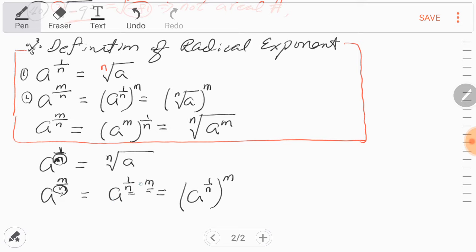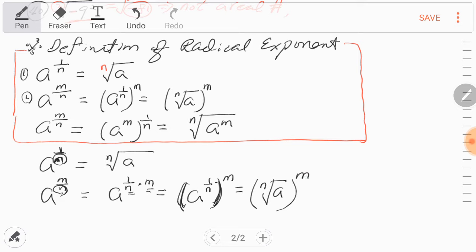Since the power is a product, we can write it as a to some power, raised to the mth power, another power. So we can multiply these two exponents, and then it becomes m over n. So this is equivalent to what? The parenthesis is the nth root of a, and the mth power stays there.